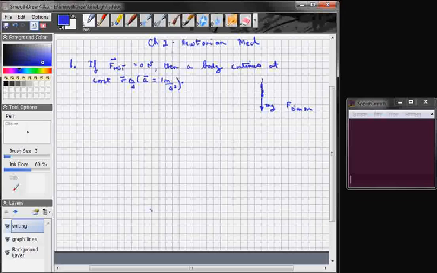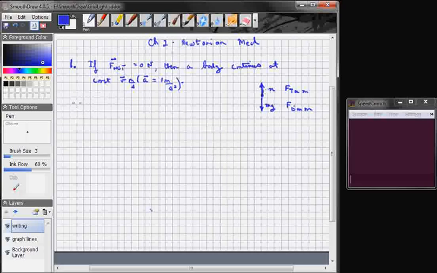Something like that. And this, as we will see, is the normal force, the force of the table acting upward on m. These two vectors are equal and opposite. F net is equal to 0, and therefore this does not change its velocity. And since it's at rest, it will remain at rest.